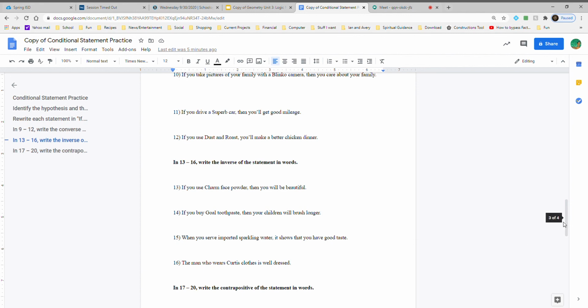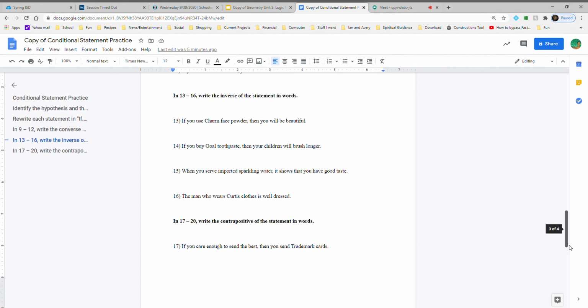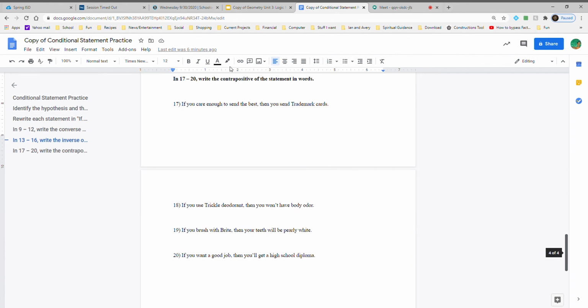And then finally, contrapositive, you have to flip them and make them the opposite, which means we say if the opposite of this, then the opposite of that. So if you don't send trademark cards, then you don't care enough to send the best.